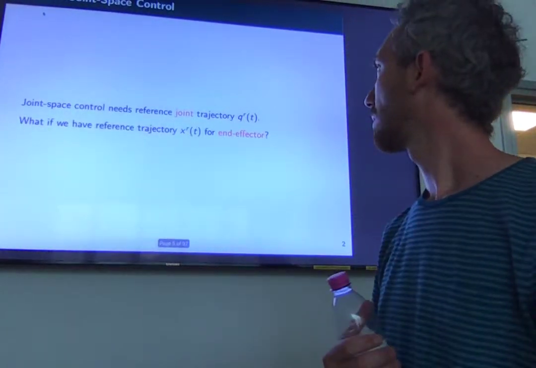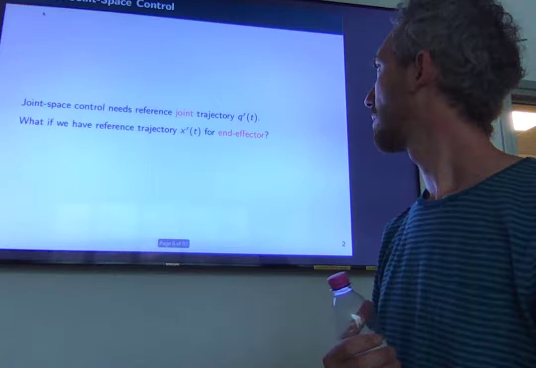So how do we deal with control in case our reference is in the end effector space? For instance, it's just the position of the end effector. Well, one simple option could be: I take my reference for the end effector xr, and I compute a corresponding joint space trajectory qr that, when executed, gives me the desired behavior of the end effector.